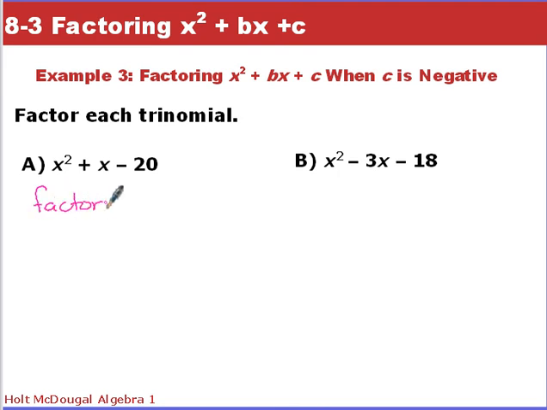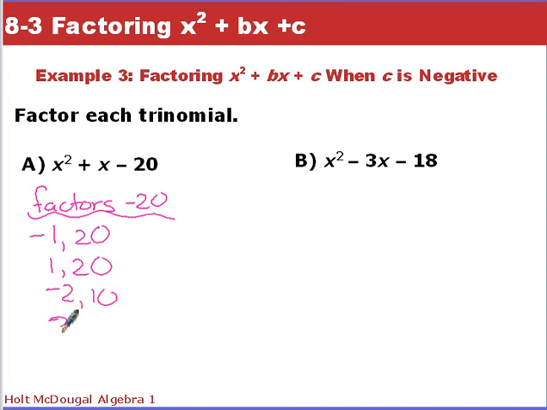We have -1 and 20, or 1 and -20. We have -2 and 10, or +2 and -10. We have -4 and 5, or +4 and a -5. So now, which one of these has to add together to give us a +1?